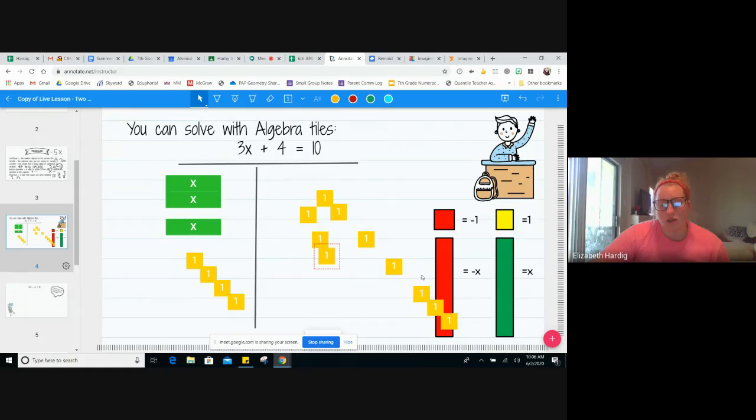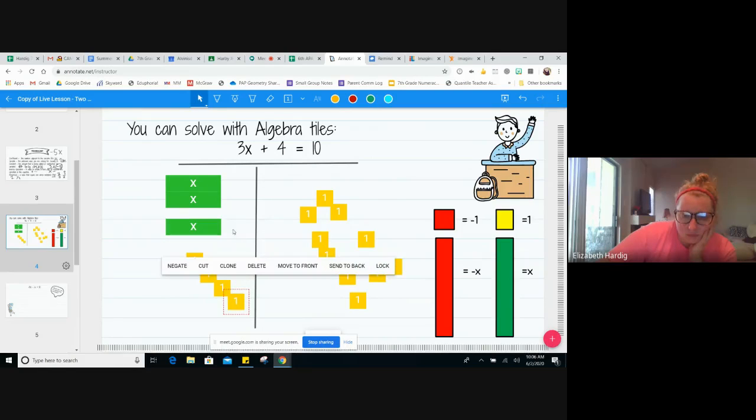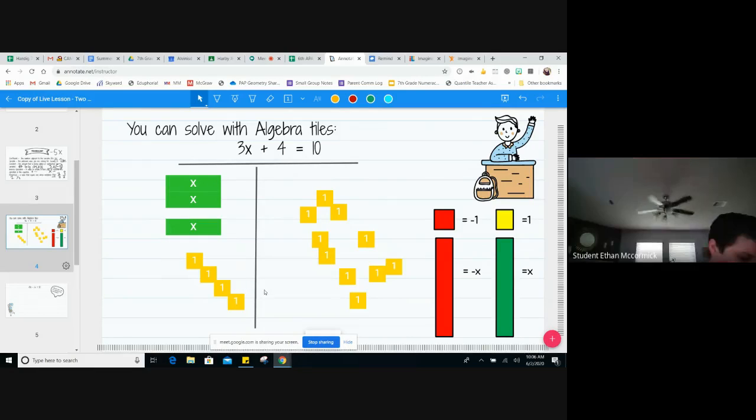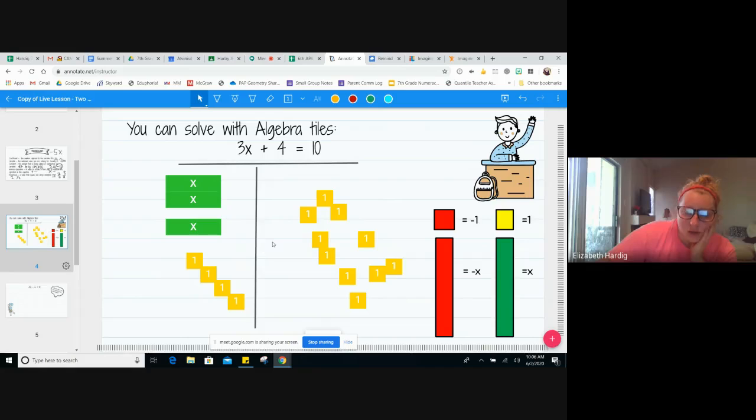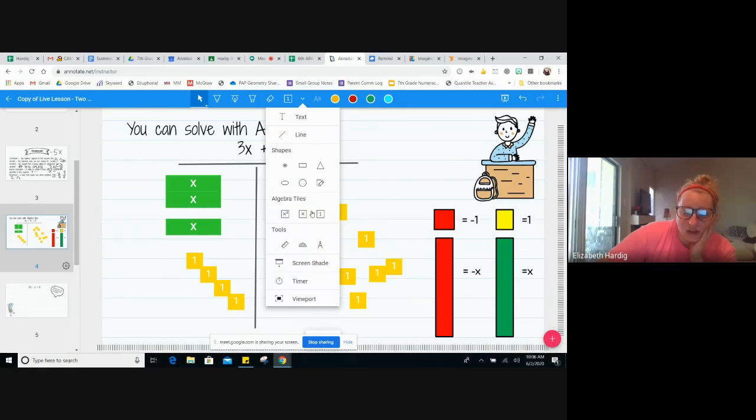So my goal is to get one x by itself. Right now I have 3 of them on the left-hand side with a positive 4. Well, I need to get rid of the positive 4. So think of integer chips. What's the opposite of a positive 4? A -4. Good. Because I want to cancel them out, I want to create 0 pairs.